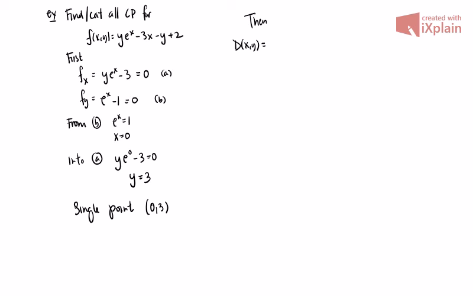Find the discriminant. So we do f sub xx, which is y e to the x, f sub yy, which is 0, minus f sub xy, which is e to the x, squared. So you'll notice that the first term is 0, and the second term is positive.